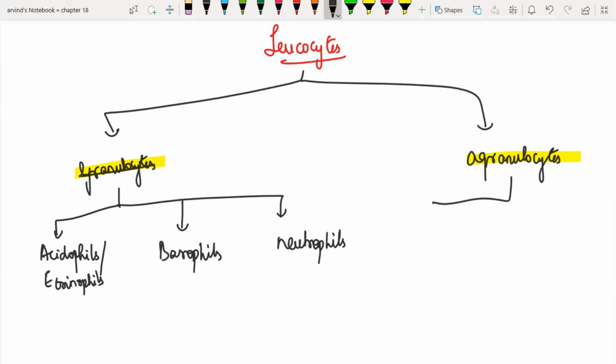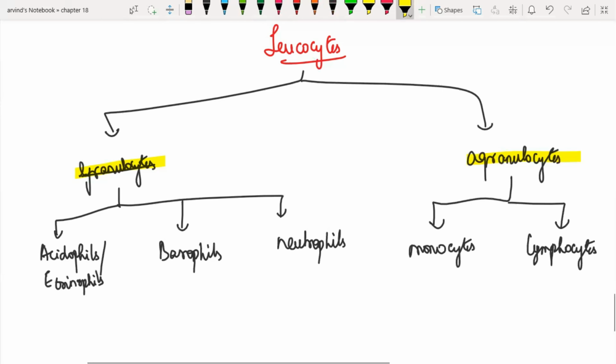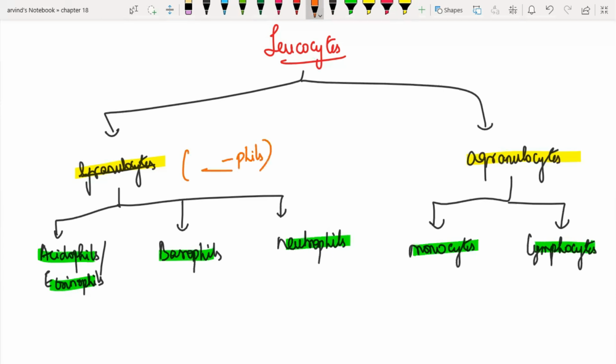Agranulocytes, if you take, monocytes and lymphocytes. If you observe, all the cells that have a suffix of "phils" are granulocytes, and all your cytes are going to be agranulocytes. So acidophil, basophil, neutrophil, monocytes, and lymphocytes. The functions of these are important.